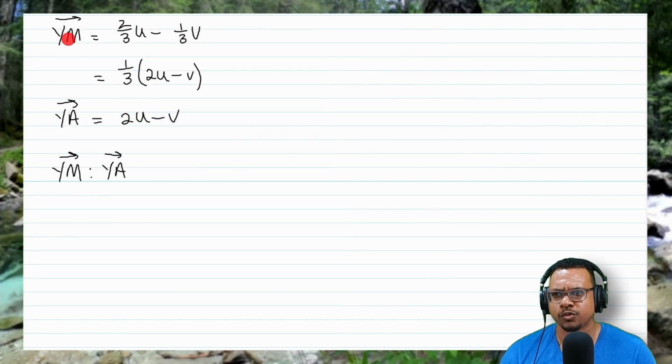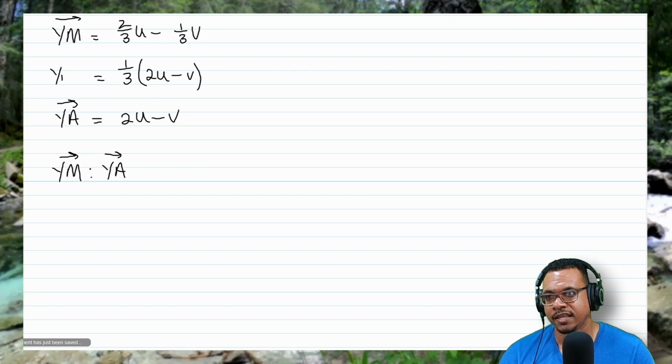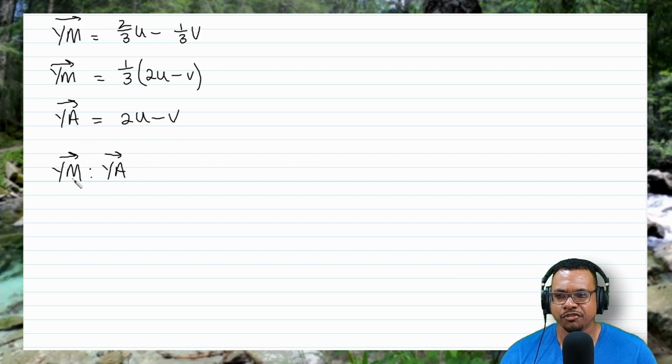All right, so I just wrote over what YM was equal to. So we have the 1/3 times the 2U take away V. That's YM, and of course, it came from this where I factored the 1/3 out. And YA was 2U take away V. So we want the ratio of YM to YA.